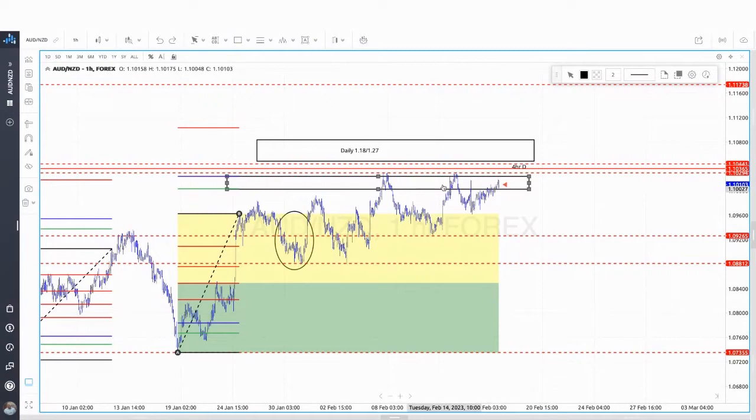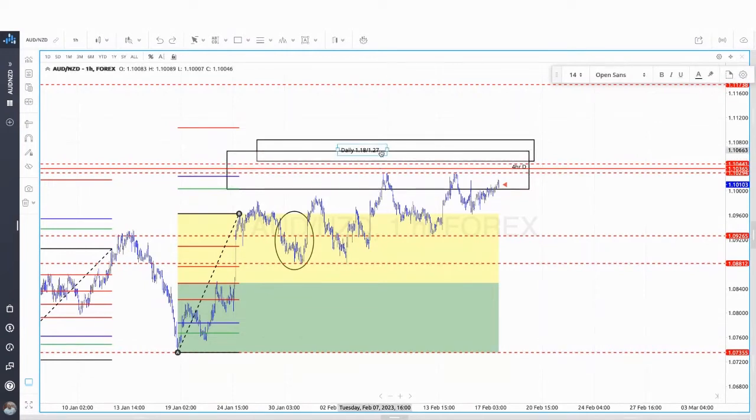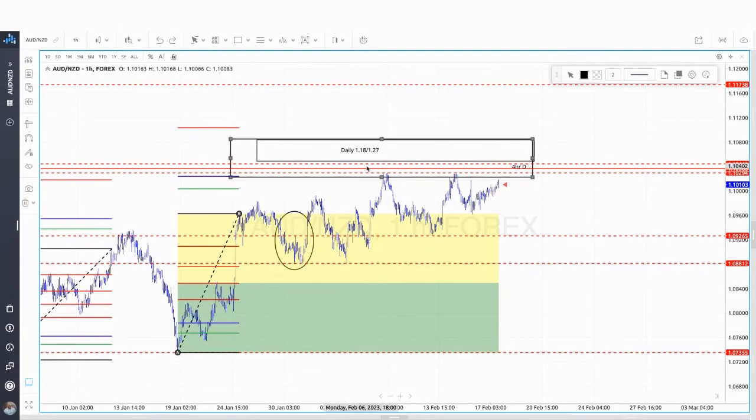Now, even if price pushes to that 4-hour D extension, and then even if price pushes into that daily 118, 127 zone, it still may not hit that D extension, right? Still considered an 80-20. So what we're looking for is price to move to the upside here, come into the zone, and then give us an opportunity to get short.